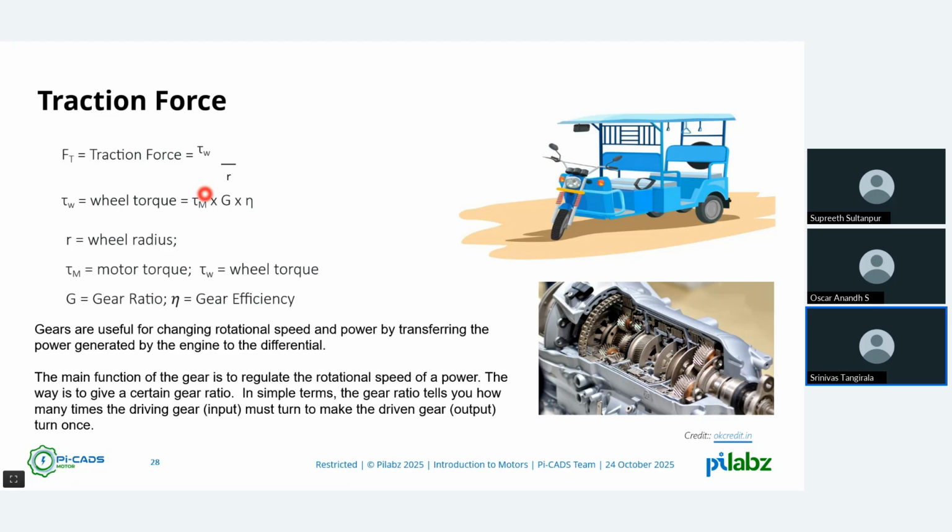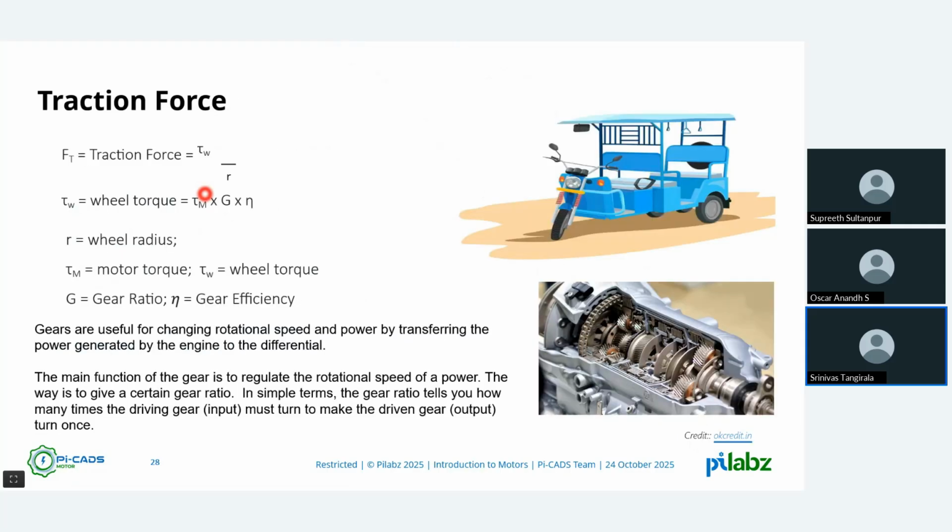The main function of the gear is to regulate the rotational speed of the power by giving a ratio. The gear ratio tells you how many times the driving gear, the input, must turn to make the driven gear, the output, turn once. You find gears everywhere, even in watches, where the second hand and the hour hand rotate differently, right? That is how the gear mechanism operates in the vehicle. So this is the traction force, and this is the formula for calculating it. Okay, next slide, please.